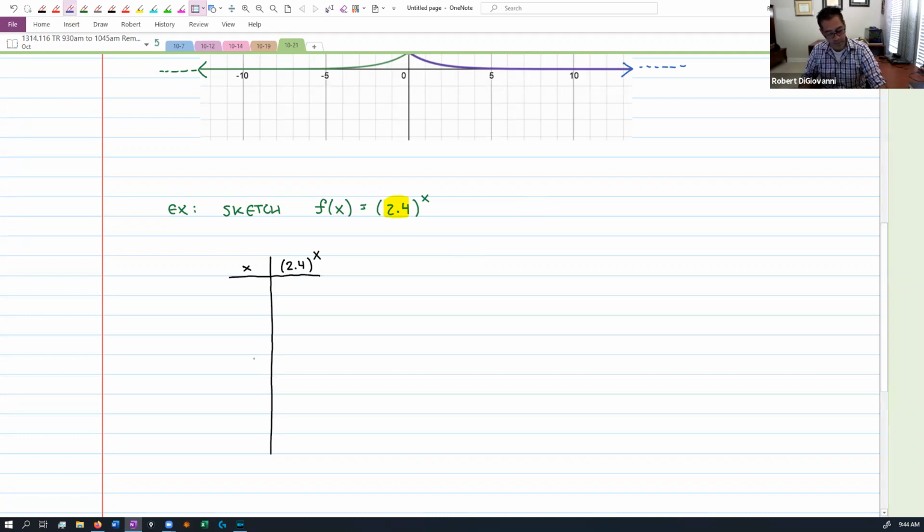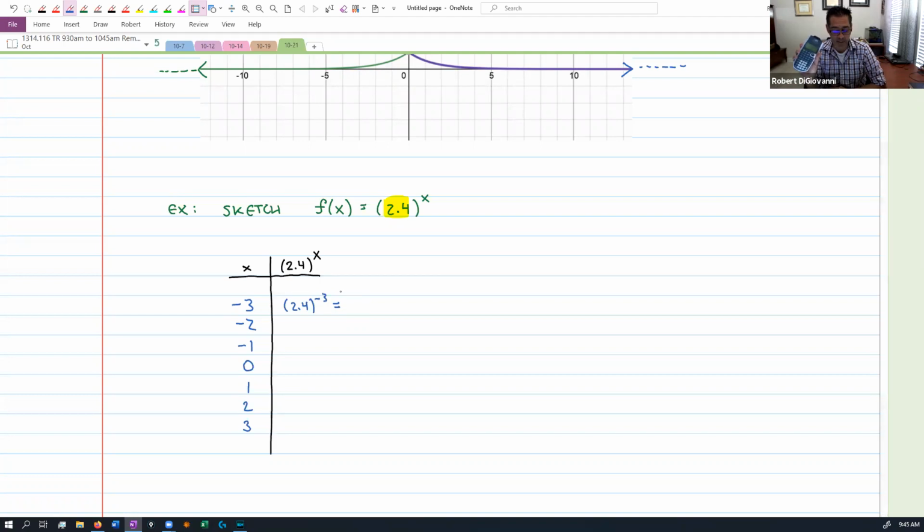And here's what we're going to do. We're all going to plug in 0, 1, -1, 2, -2, 3, -3. That's it. Those 7 numbers. That's all I want. So as long as we all do that, we should get the same picture. So let's get on our calculators and make sure we can do 2.4 raised to the -3 power. We talked about how to do this last time using the caret key.